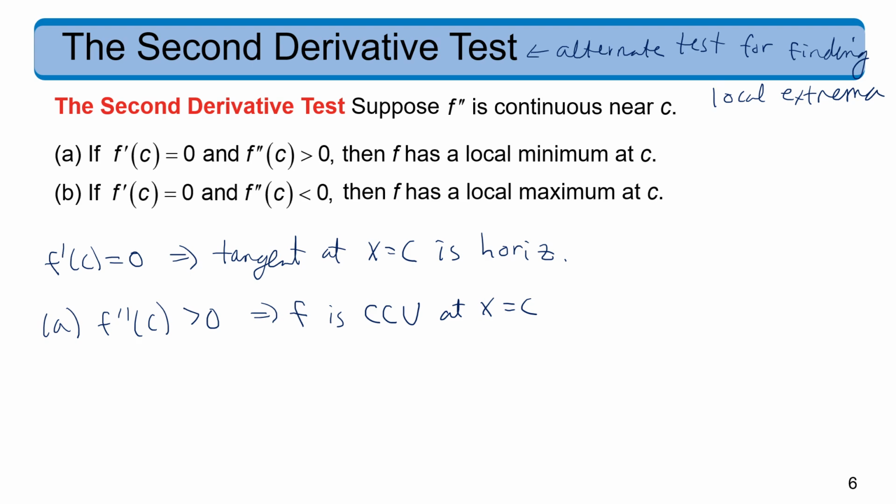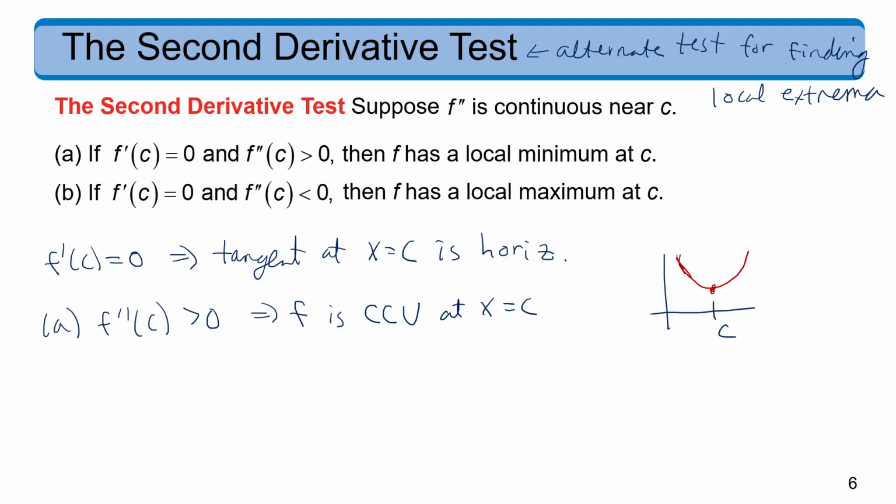So let's sketch something so we can see what's happening here. I want to sketch a curve that is concave up, and when it passes through c, it has a horizontal tangent. So notice the horizontal tangent at c.